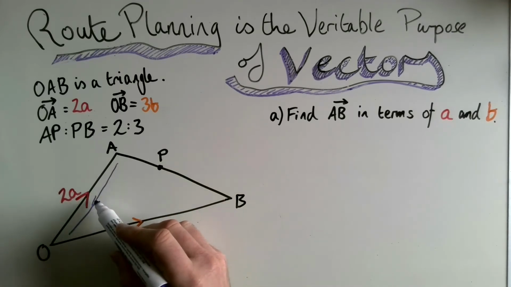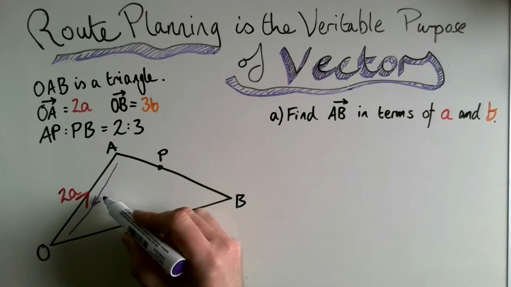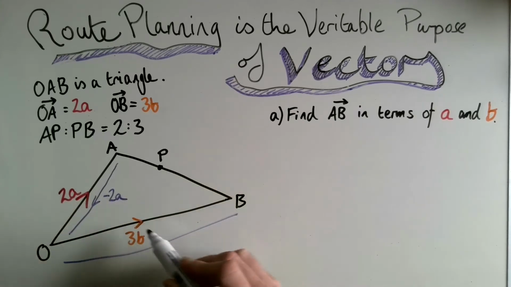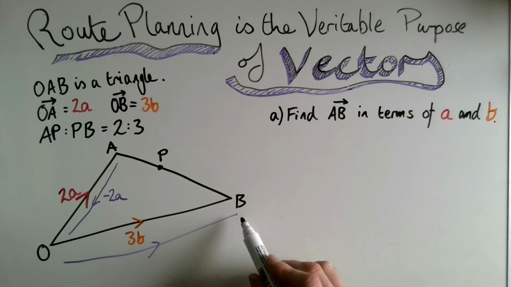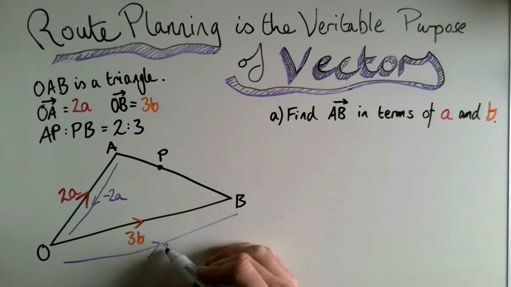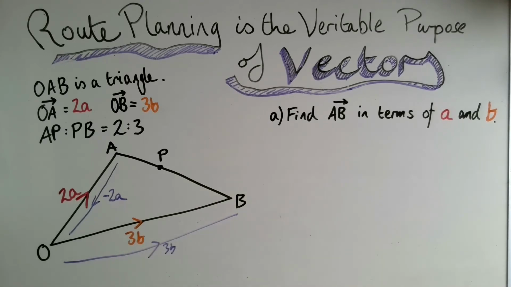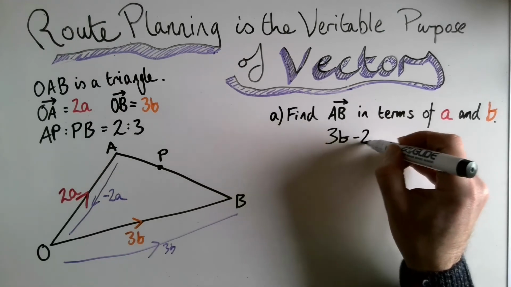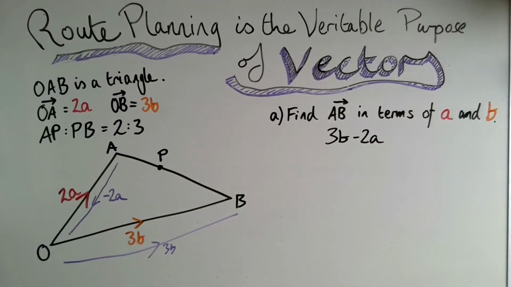Which is going against the red arrow. So that's going to be minus 2a, and then it's going along with that one there, the 3b. So AB is just going to be 3b take 2a. That's all it is.